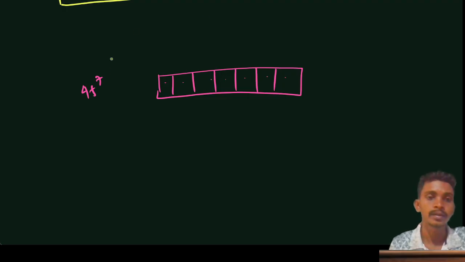Or let's say this is 4f9, then 1 2 3 4 5 6 7 8 and 9.